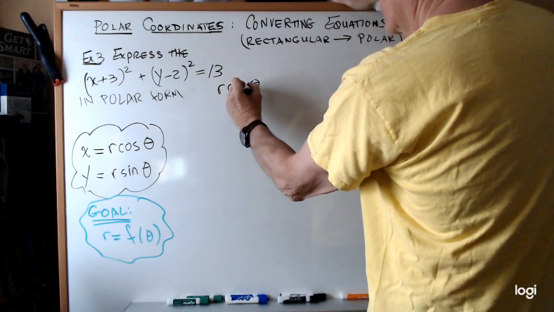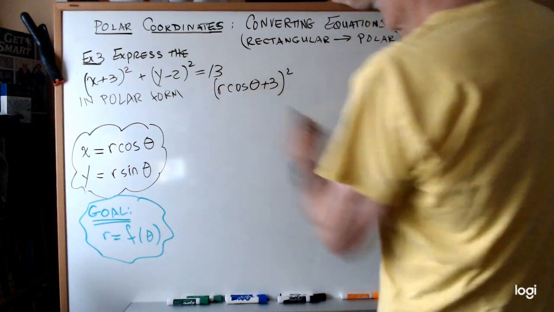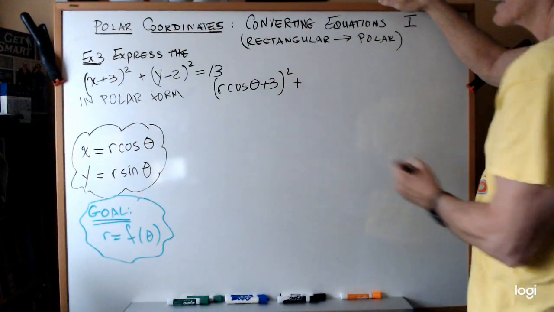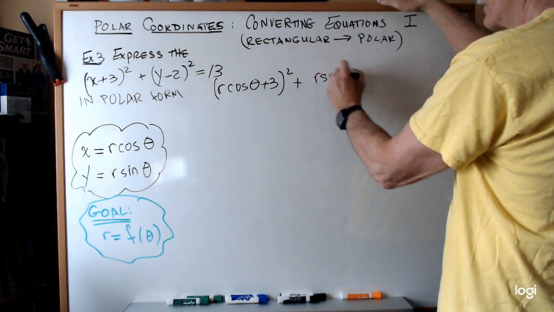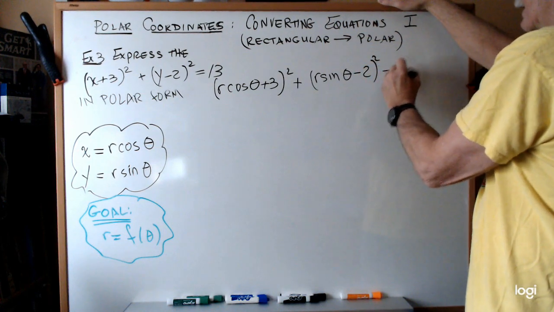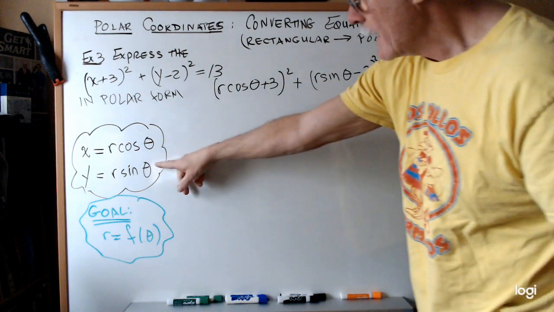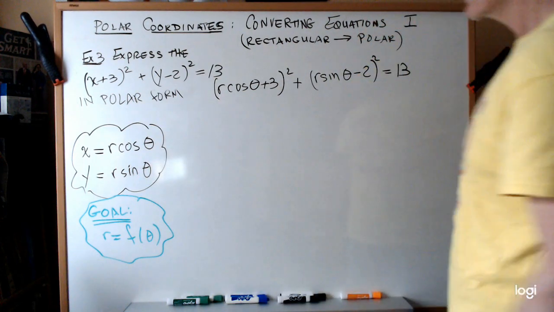cosine theta plus 3, and it gets squared. Okay, and the y, of course, is r sine theta. That gets squared. And hopefully you can see I'm going back again to this idea of x is r cosine theta, y is r sine theta.